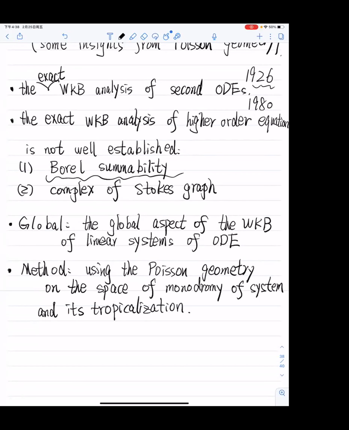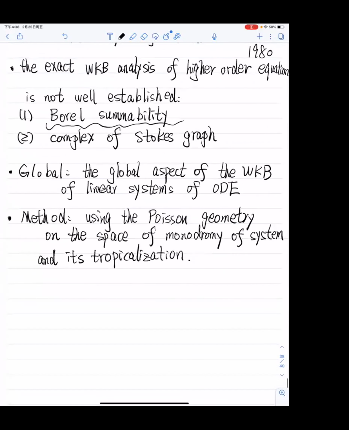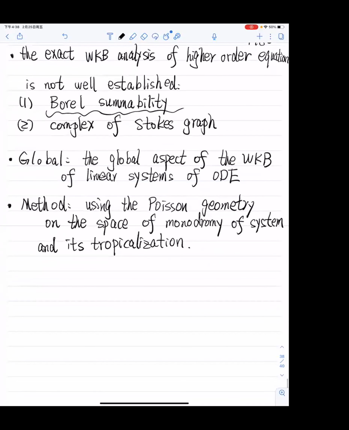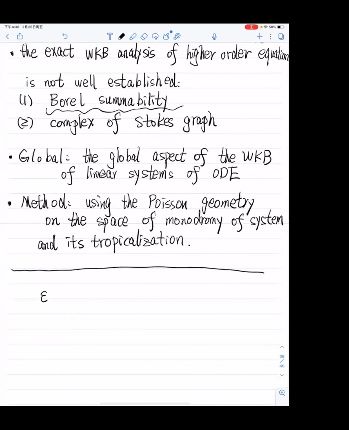Okay, very good. So the system for today is simply a meromorphic linear system taking this form.